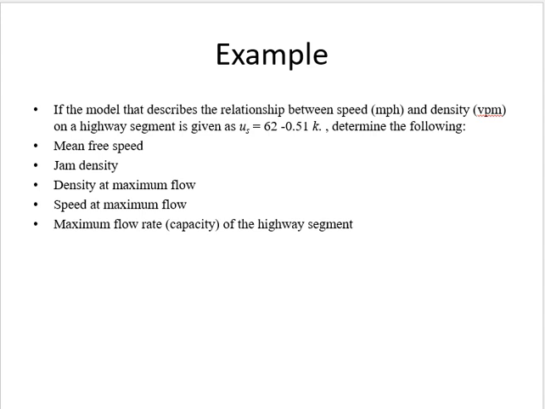First of all, the mean free speed. You made this equation, right? Where is the free flow speed? It's the first parameter. So the mean free speed is how much? 62. 60.